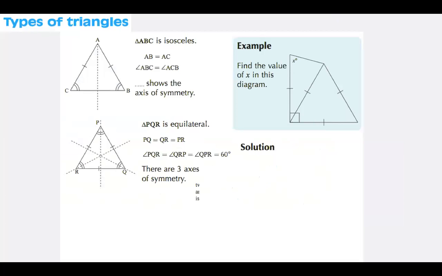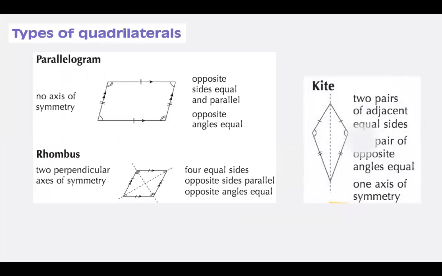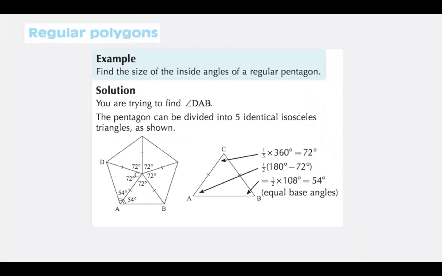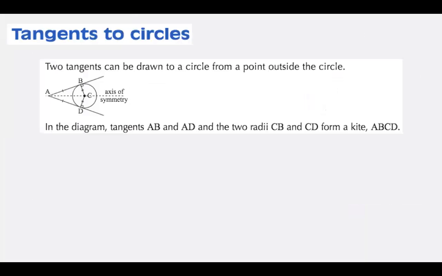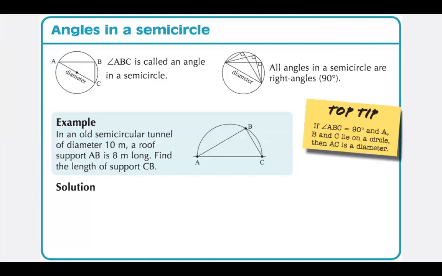And then the different types of triangle, isosceles, and then parallelograms or a rhombus, what it looks like, and a kite. So there are all the different angles that you could be thinking of, and then a couple of exercises.